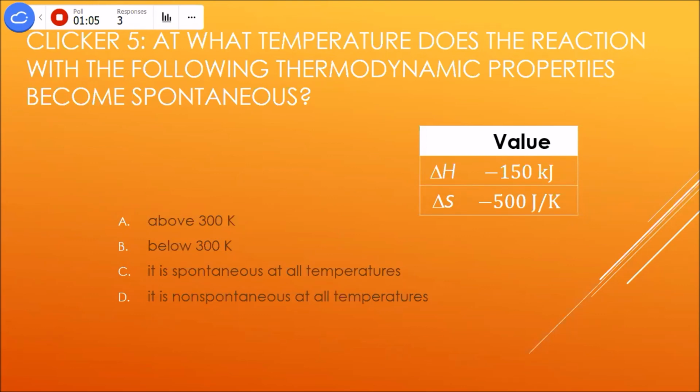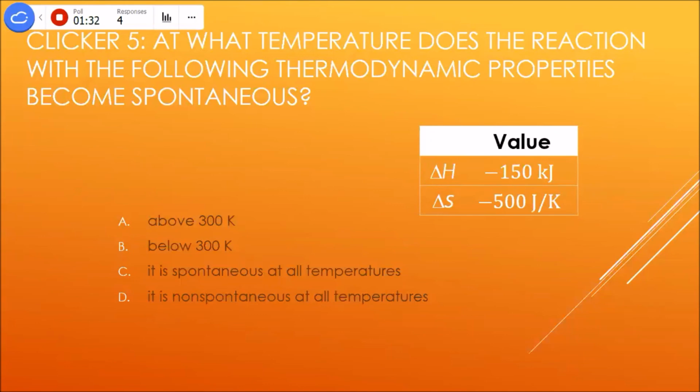Now, there is a cheat way to do this. If you get to this point, you find our temperature is 300, and you wonder, is it going to be positive below or positive above? You use your delta G equals delta H minus T delta S. You try a temperature. If you try 300, you get 0. What about 400?